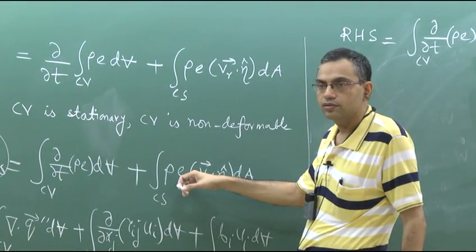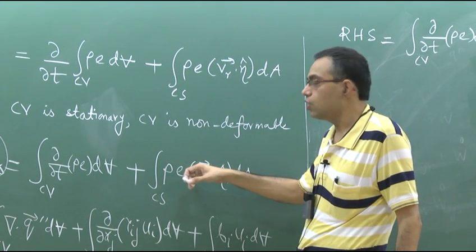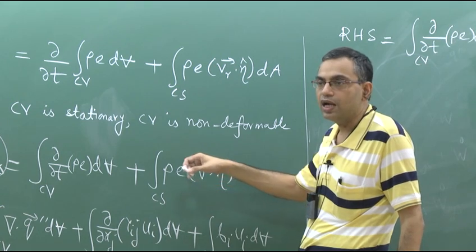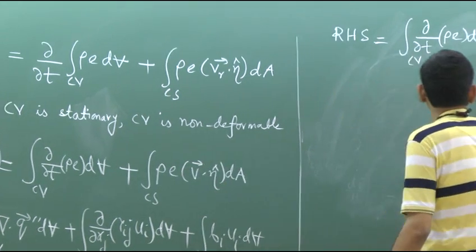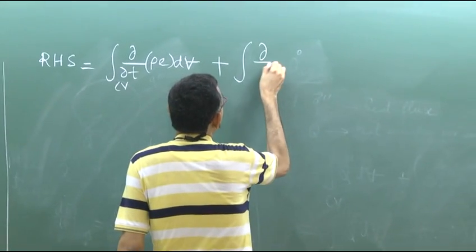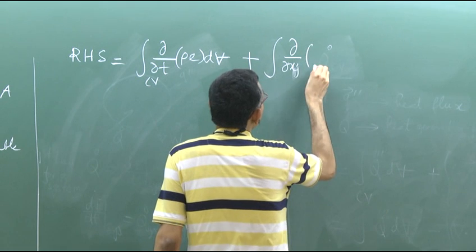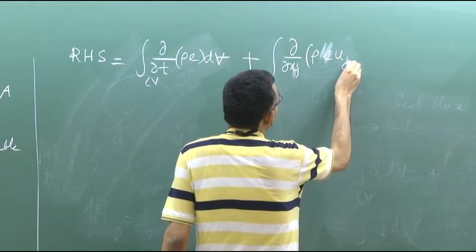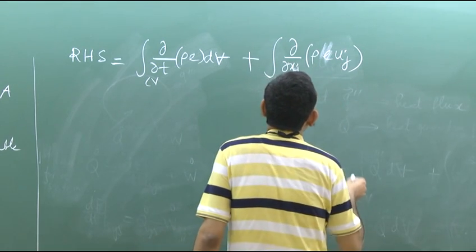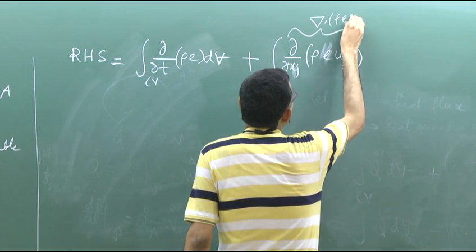Del dot rho EV or del del xj of rho E uj, right. So, this is del dot rho EV.